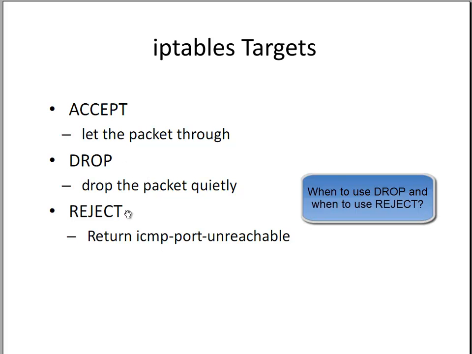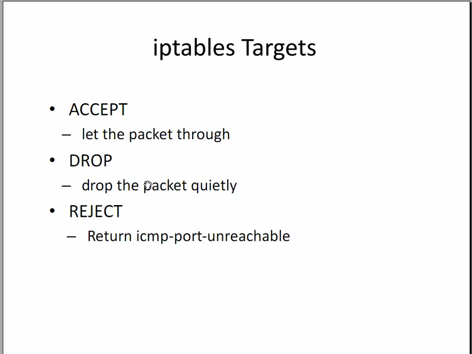So what would be the difference between these two in terms of security? Well, let's say somebody's trying to connect to our SSH server over port 22. If we don't want anybody to know that we're running SSH, we could use drop as the target, which means that the intruder would never receive any packets back indicating whether the port is open or not.